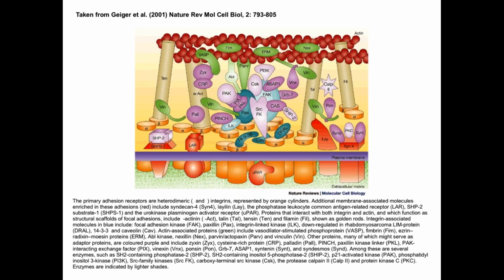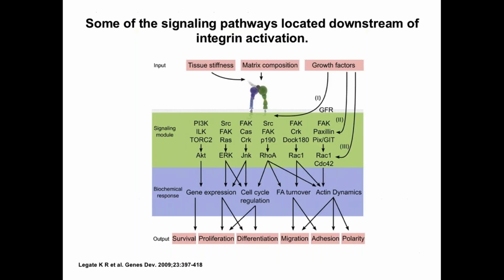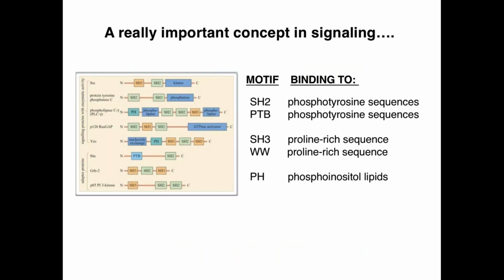Because ultimately, mechanobiology, or a large part of mechanobiology, is chemistry. And here's one of the really important concepts which spans all of biochemistry and cell biology, well beyond mechanobiology, okay? Proteins are made of motifs.